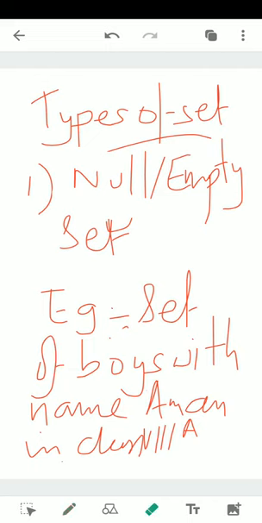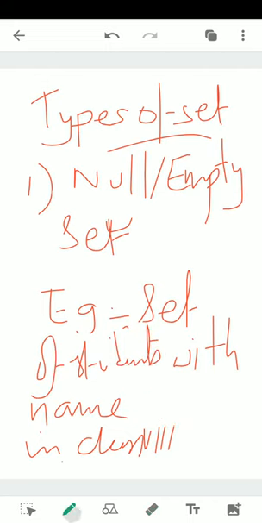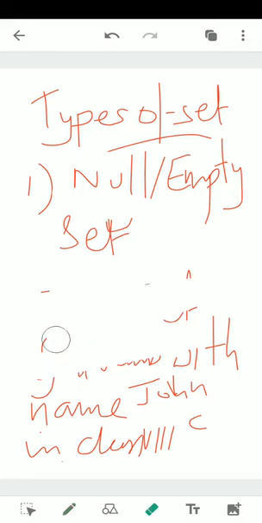Set of students with name John in class 8C. There is no person with the name John, right, in class 8C. So what we can assume is that this set will have no elements, and the set will be empty.